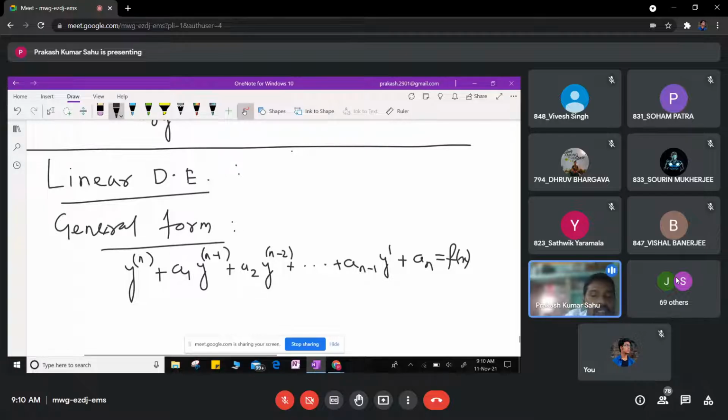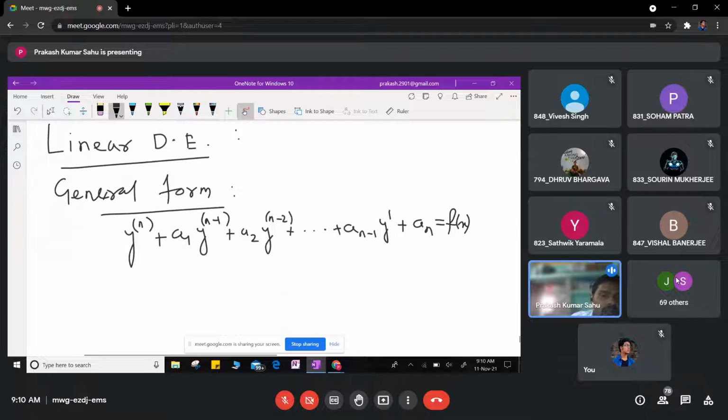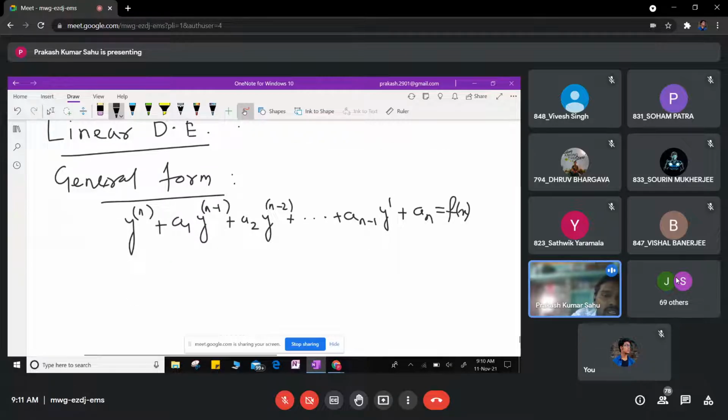So this is the general form of a linear differential equation.